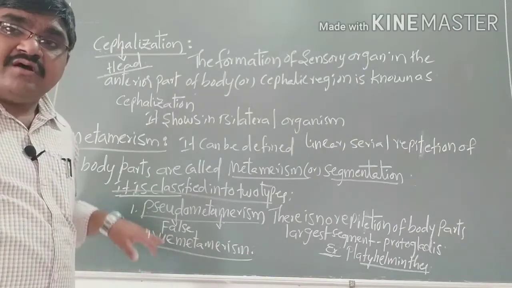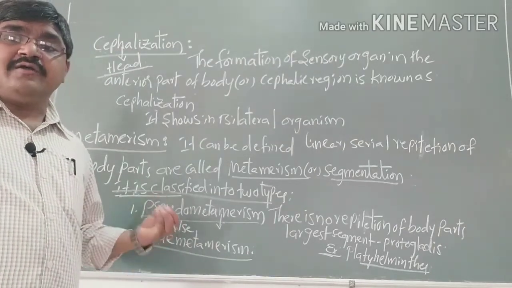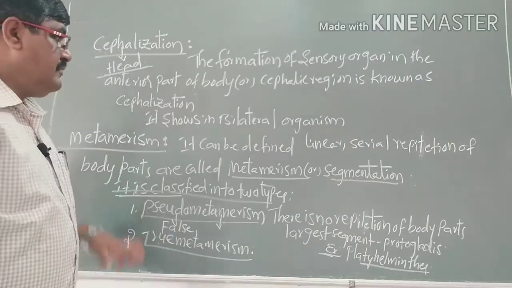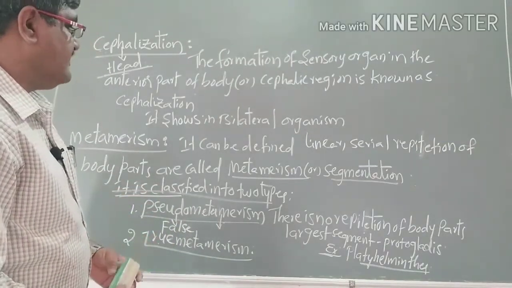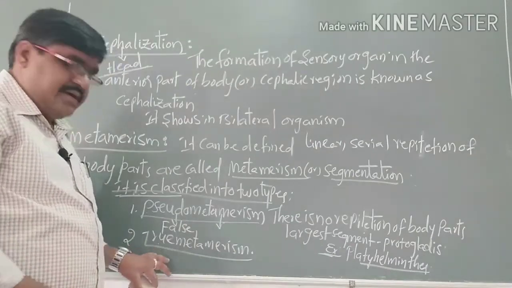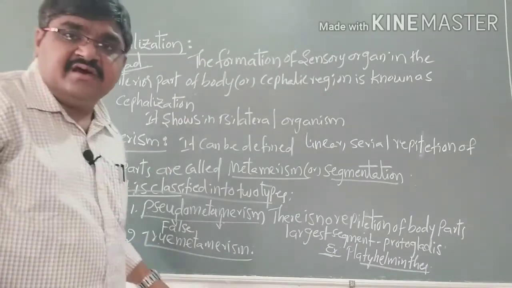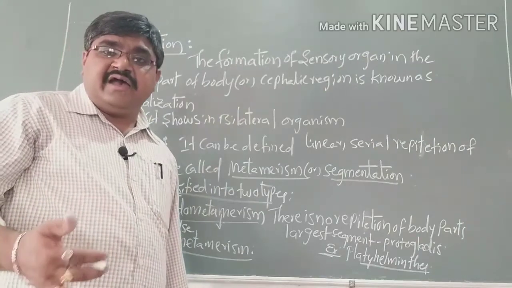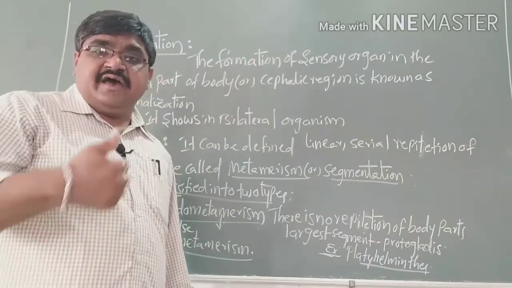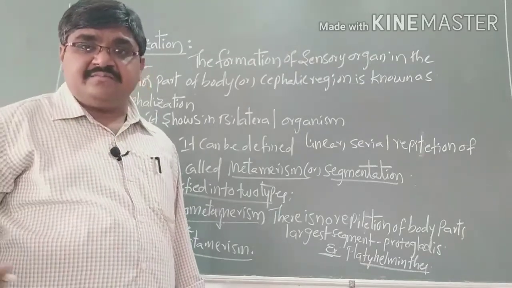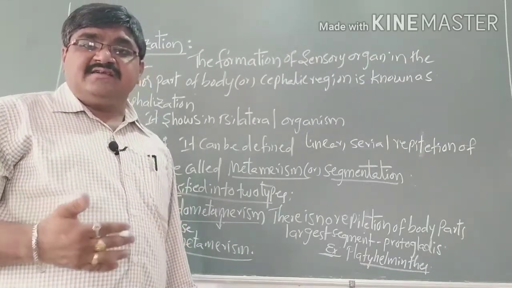In true metamerism there is a repetition of segments or body parts. Internally the repetition is in the form of septa, and externally in the form of annuli.